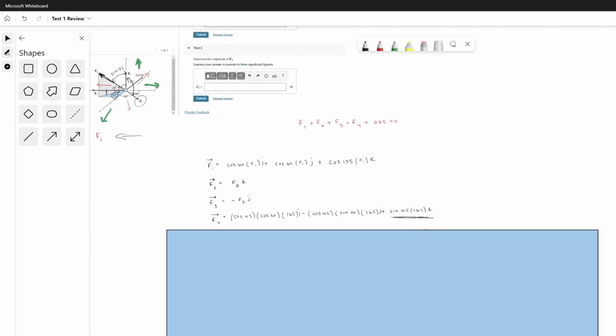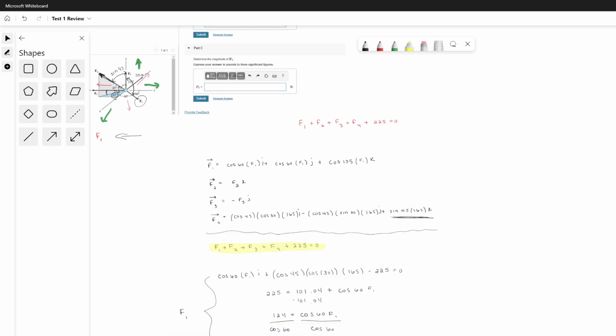what we do next is we want to put the i together, the j together, and the k together. So starting with the i, you're going to go here, F1. You're going to put cosine of 60 times F1, because it's an i. And then you're going to go down the line. F2 doesn't have any, F3 doesn't have any, and F4 does have one.